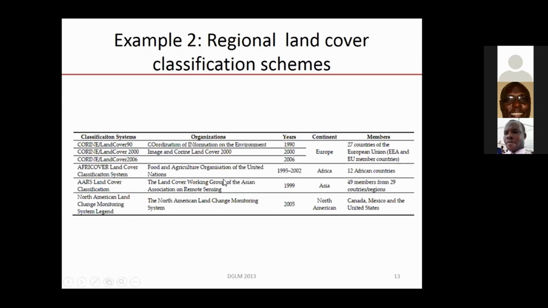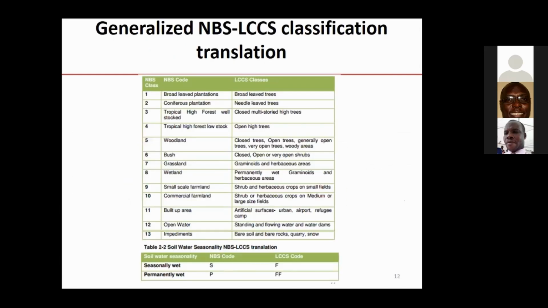Now, we also have the Africa land cover classification system, which has been created by the FAO and is currently being applied in Africa. This is the same land cover classification system that is currently being used by NFA, the National Forest Authority. So they've actually tried to adopt this one. And the good thing is that it has some bit of comparability.